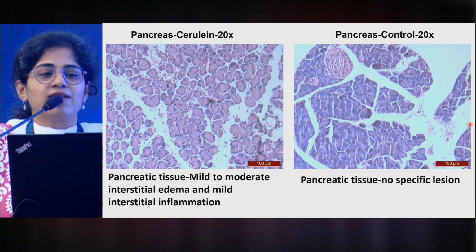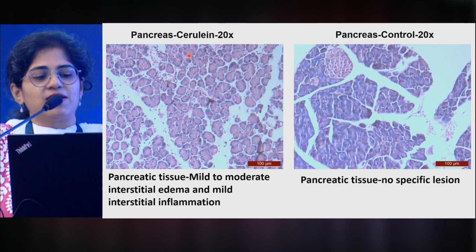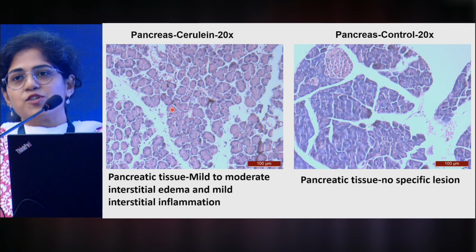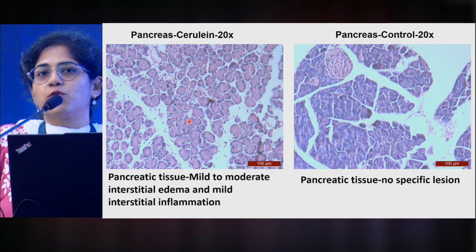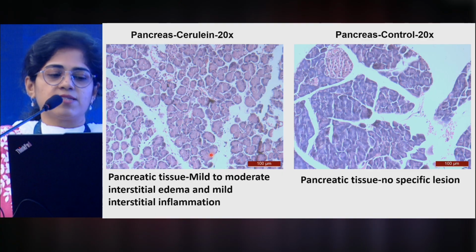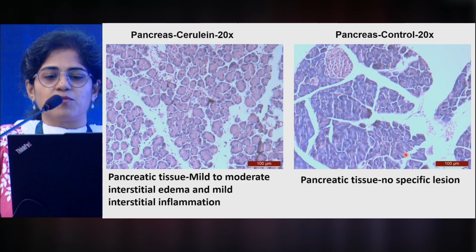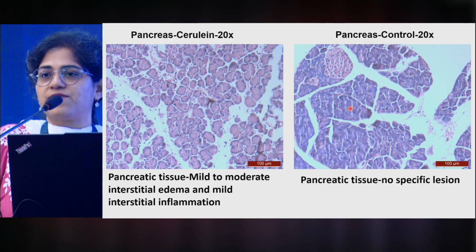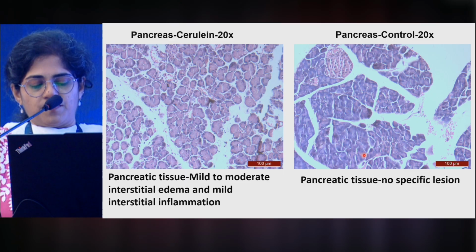If you look at the pancreas of the cerulein model, we sent the histopathology report to the pathologist, and based on his report, what he suggested was there is definitely mild to moderate interstitial edema in the pancreas of the cerulein model, while there is no specific lesion in the control mouse.